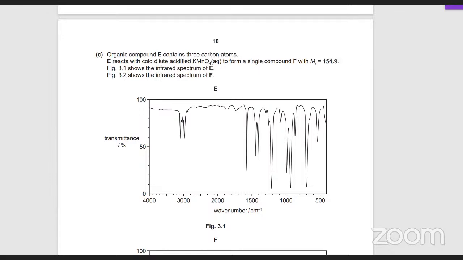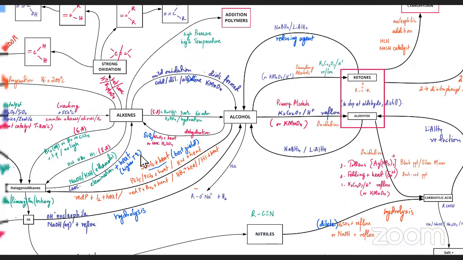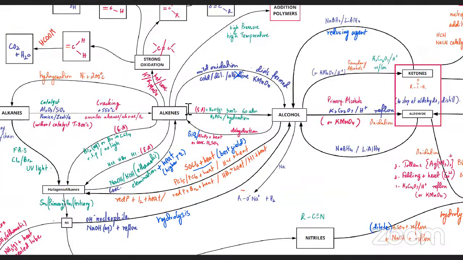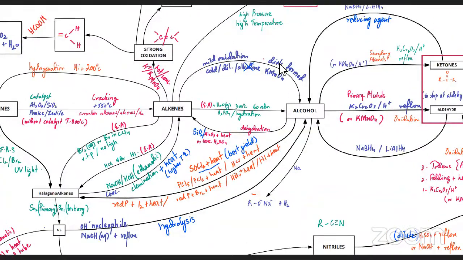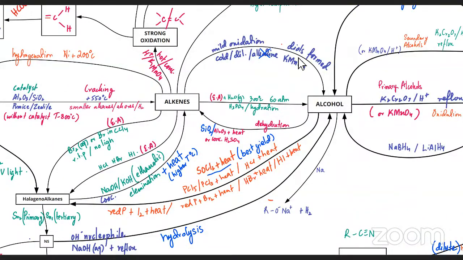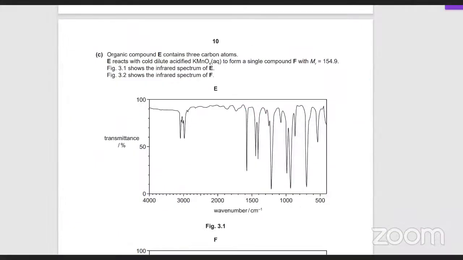Now what is it that reacts with cold KMnO4? It's probably an alkene, because cold KMnO4 undergoes mild oxidation. So it will most likely be an alkene, okay? So my guess is a 3 carbon atom alkene. 3 H's, 1 H, 2 H's.